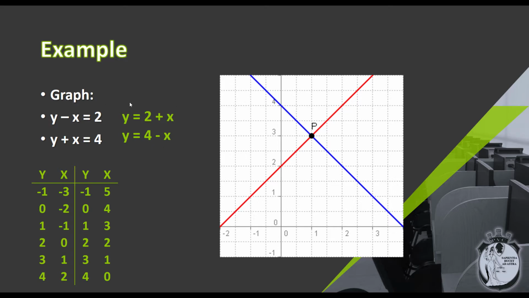Now that you have cleared the variables in both equations, you need to make a table. Maybe it's not necessary to do more than two values, since two is enough to graph. If you clear the variable y, you give values to the other variable.